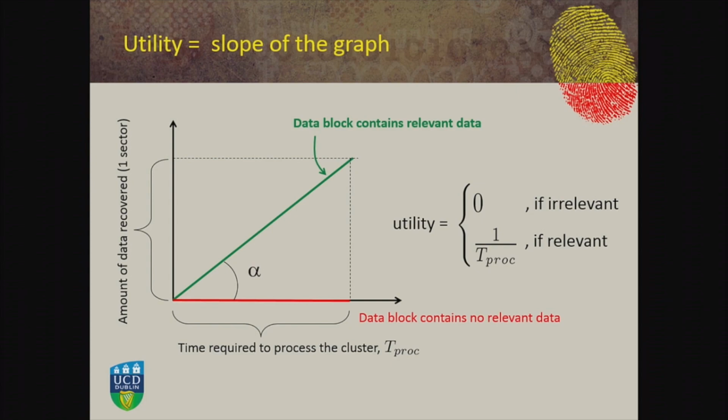And there are two options. Either it contains no relevant data, in which case its utility is 0, or it contains a full disk block of relevant data. And so the utility function that we used is basically 0 if there is no relevant data, and 1 divided by the processing time if there is some relevant data. So basically, the longer time we need to process, the less is the utility of the data.